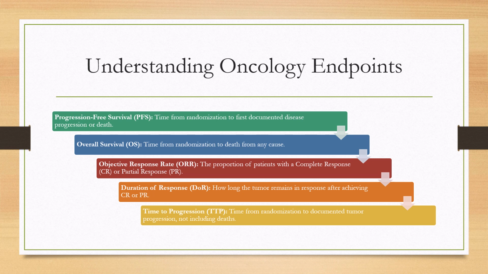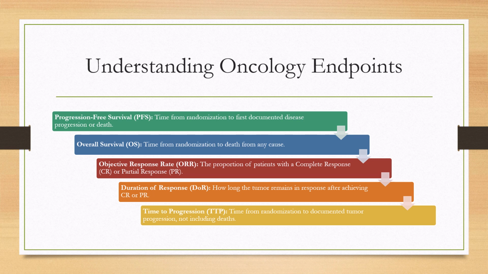If the tumor grew during the trial, that patient's PFS ends at the point of tumor progression, and they are no longer counted as progression-free. So progression-free survival essentially tells us how long the drug keeps the disease from getting worse without necessarily curing it. If a drug extends PFS, it may be seen as effective in controlling the disease.